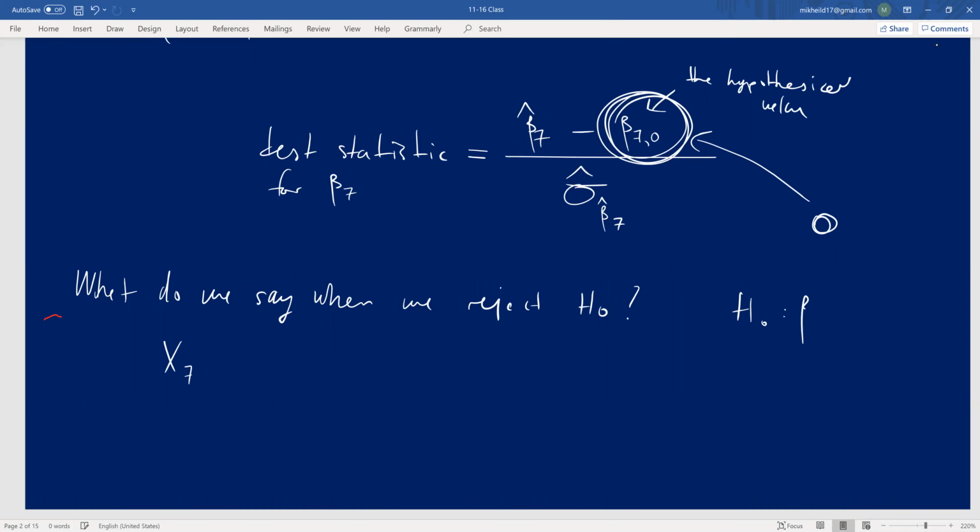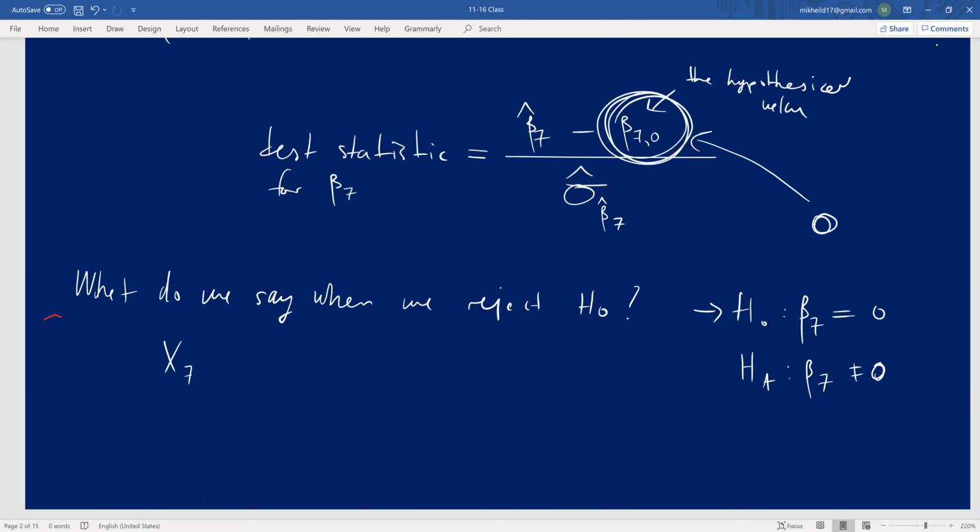H null is that beta 7 is equal to 0. Then the alternative is that it's not 0. But what does it mean if you reject this? We accept H alternative.